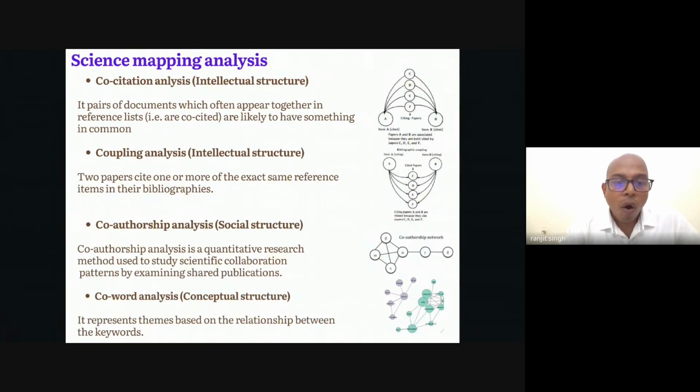One is the keyword provided by the author. Another is the keyword assigned by the database. Once you publish the article, it is indexed in the database, and the database assigns some keywords to the article. Co-occurrence analysis can be done using both the keywords assigned by the author as well as the keywords assigned by the databases.